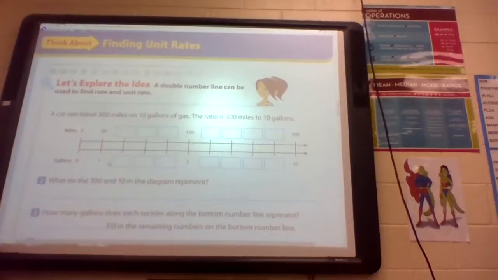What does the 300 represent? What does the 10 represent? Gallons. Good. So 300 miles and 10 gallons. Those are your totals. That's the answer to number 2: 300 miles and 10 gallons.